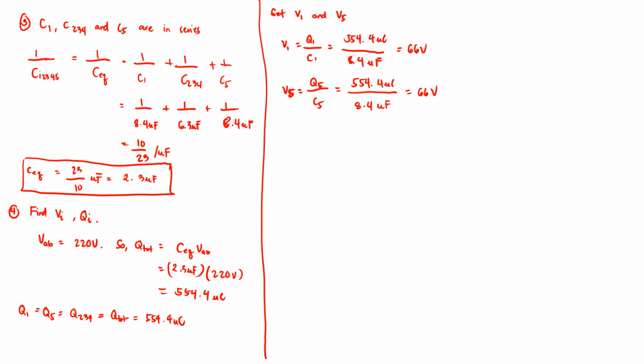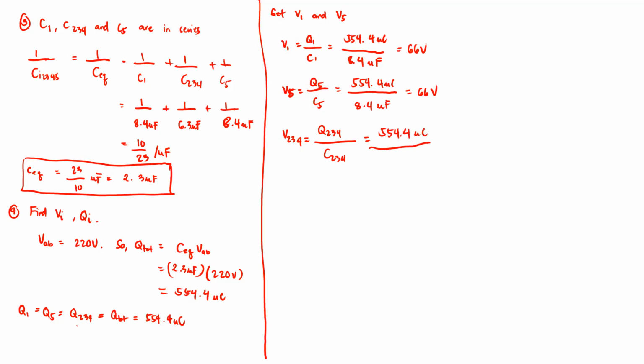Okay, we can also get the voltage drop across C234, and it is equal to Q234 divided by C234. We have obtained Q234 to be equal to 554.4 microcoulomb.